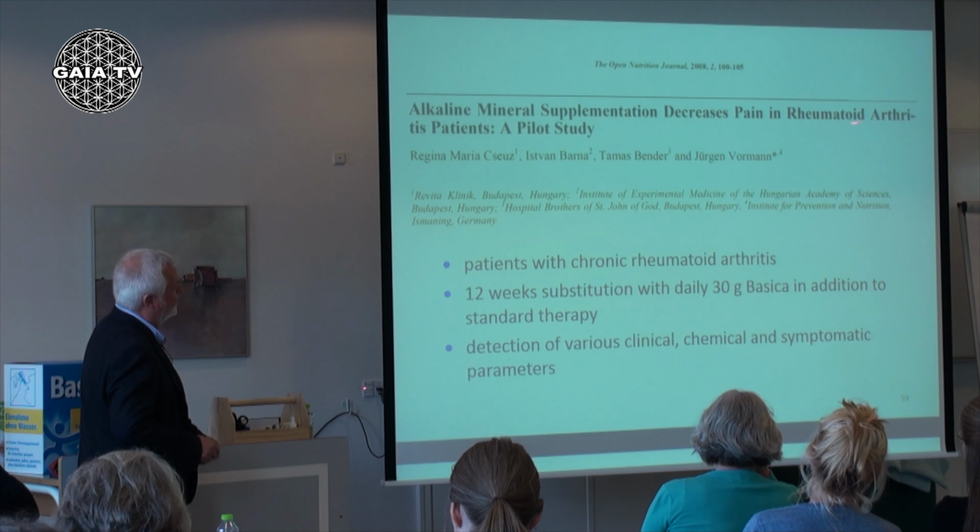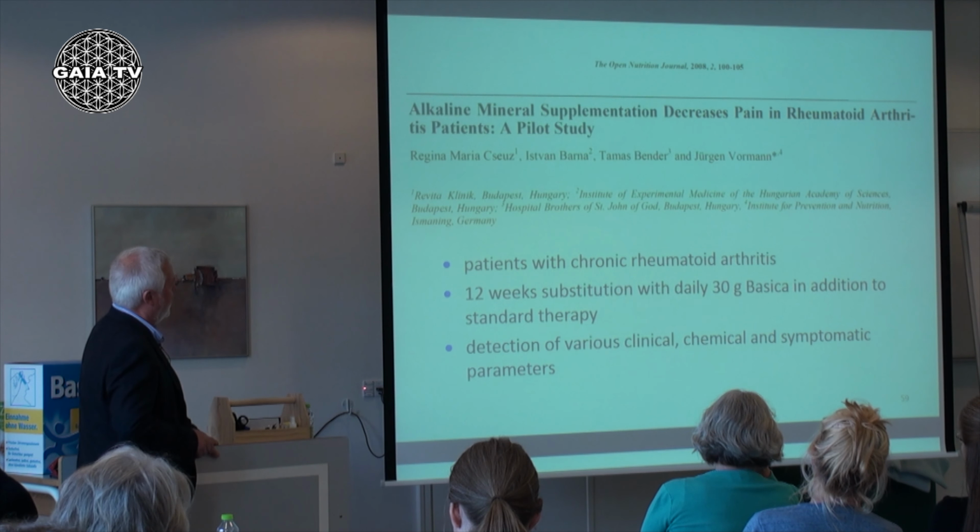And so what we did is then, again, a supplementation study with Basica in patients with rheumatoid arthritis. And these were all patients with chronic rheumatoid arthritis of a severe case. They were treated in a special rheuma clinic for that.